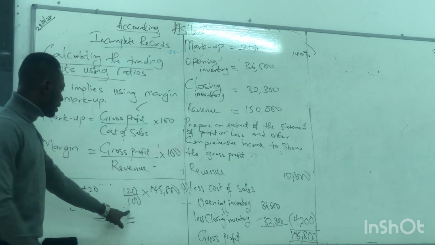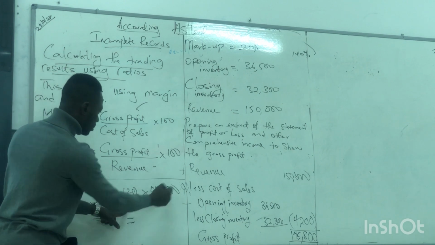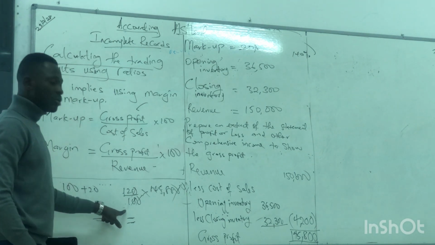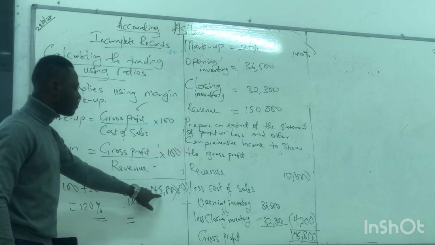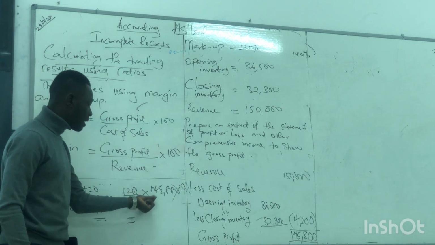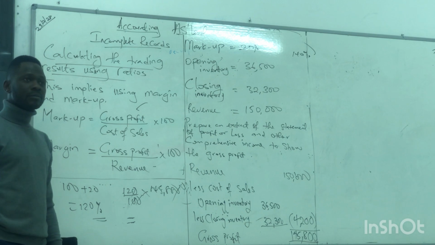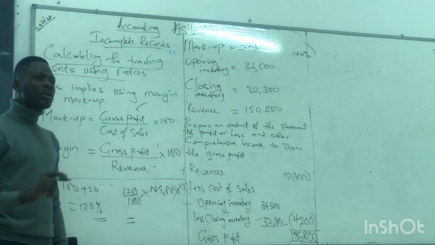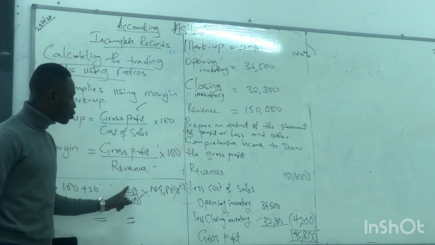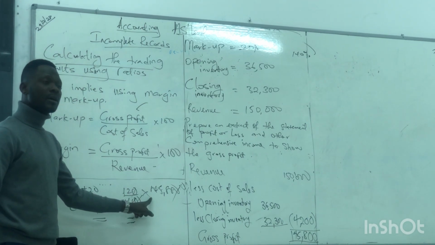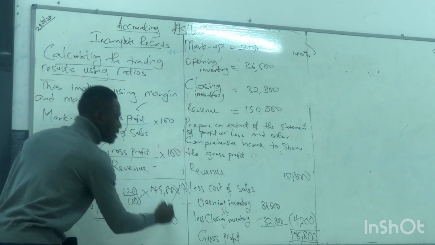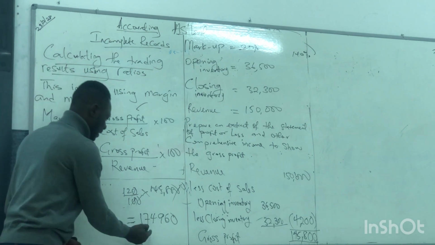So we have 12 multiplied by 14,580, which gives us 174,960. So this is the increment.